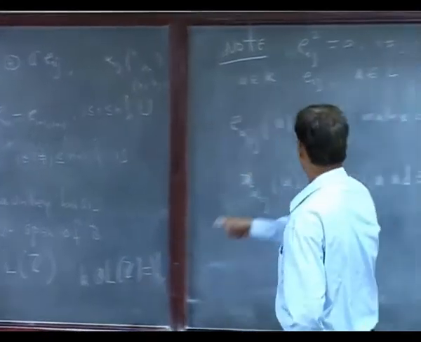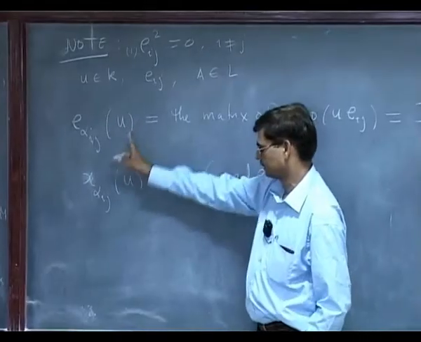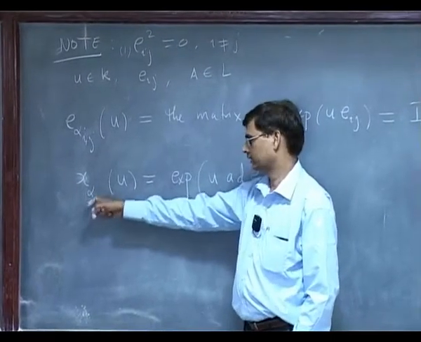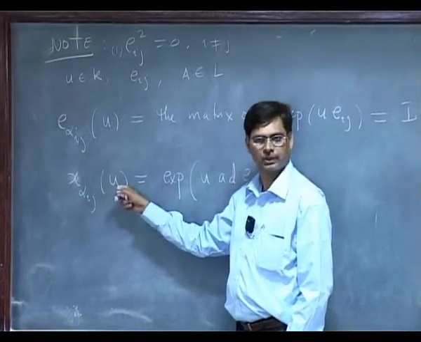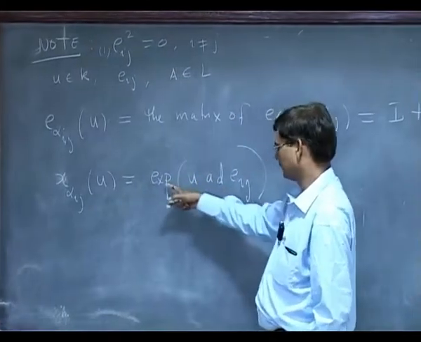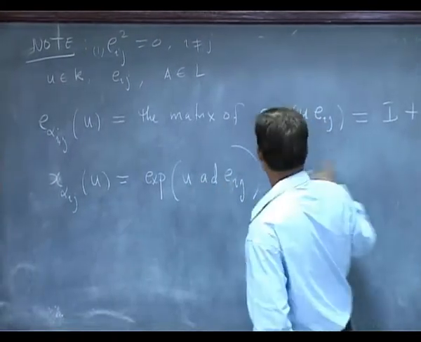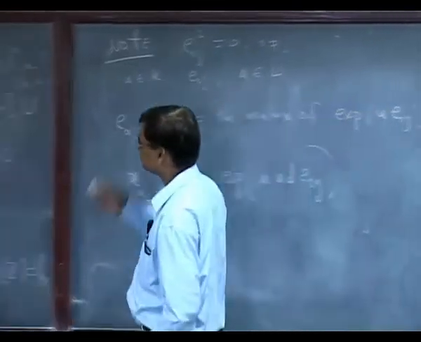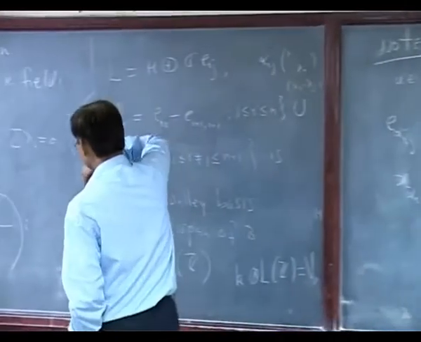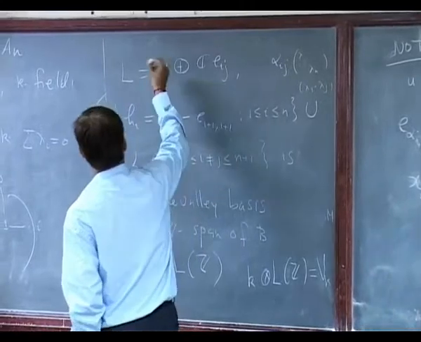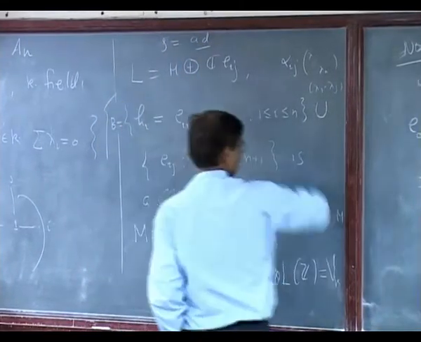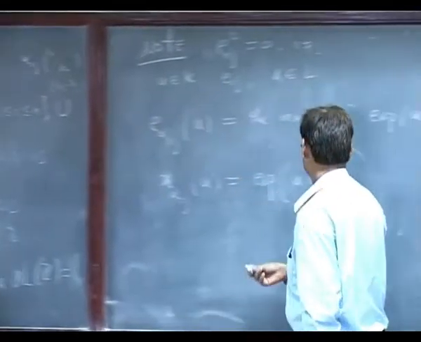So the transformation associated with this matrix is x alpha_ij of u, which is exactly this transformation. Okay. And suppose the representation rho is the adjoint representation, I am sorry, the ad representation.